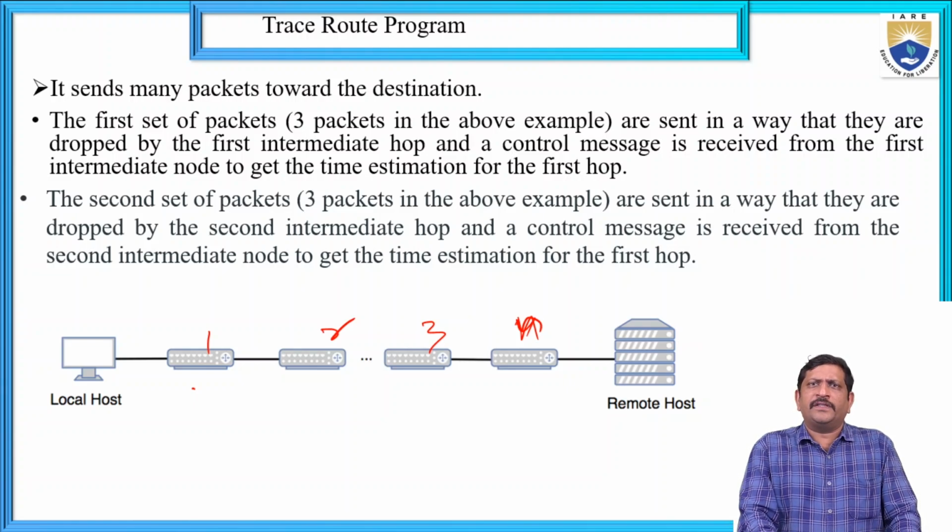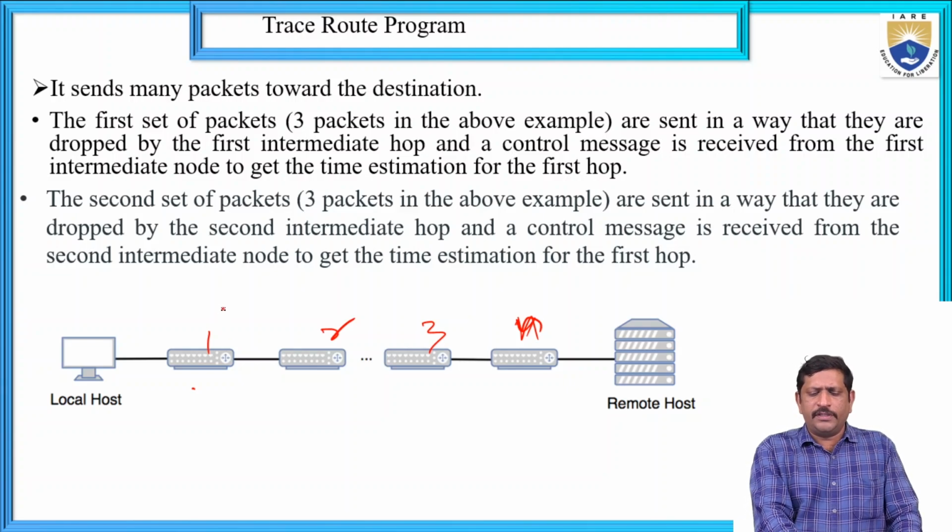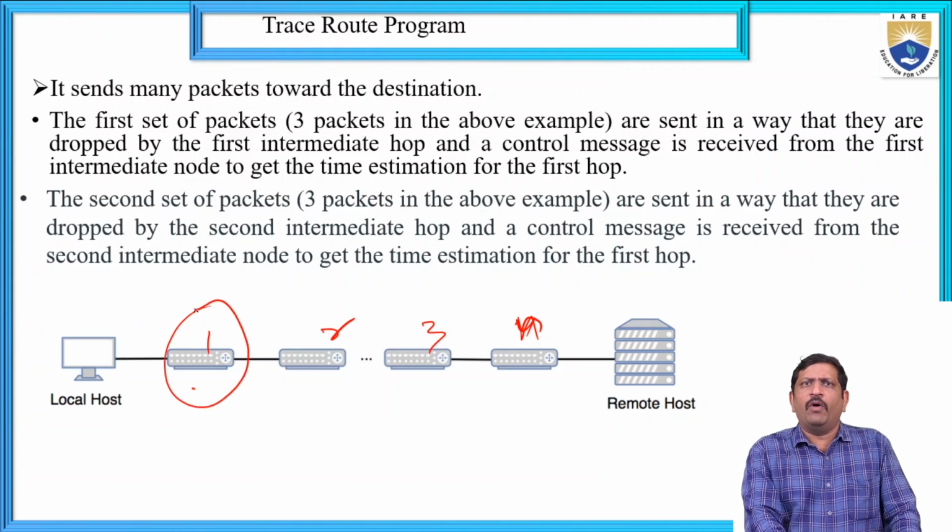The first set of packets, 3 packets in this example, are sent. They are dropped by the first intermediate hop, and a control message is received from the first intermediate node to get the time estimation for the first hop. So this is hop 1. The first set of packets are sent, then the second set of packets are sent.